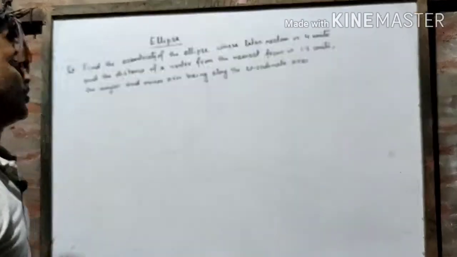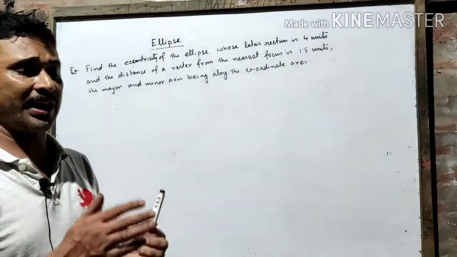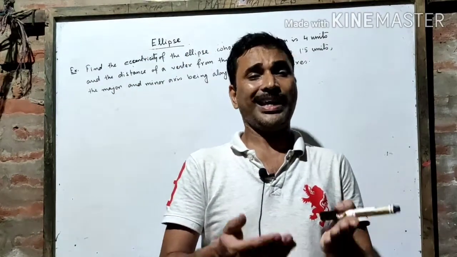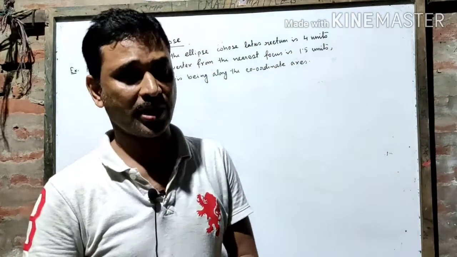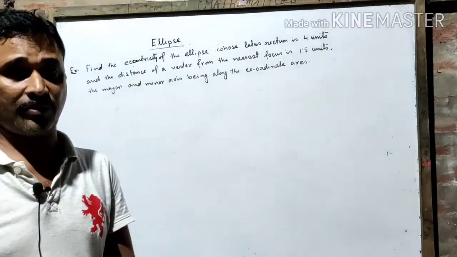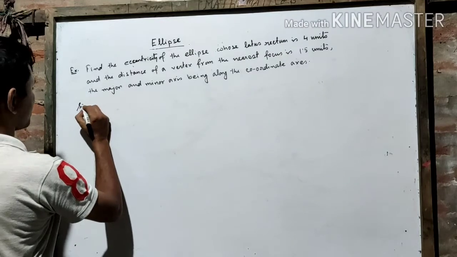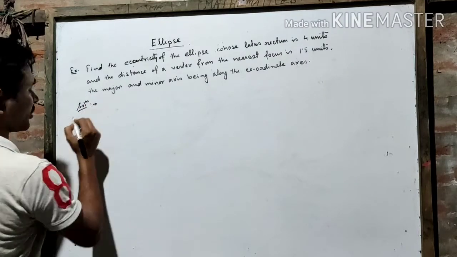So the equation of the ellipse may be either x square by a square plus y square by b square is equal to 1, or x square by b square plus y square by a square is equal to 1. This is not going to affect our answer, because our answer is neither related to coordinate nor related to equation.